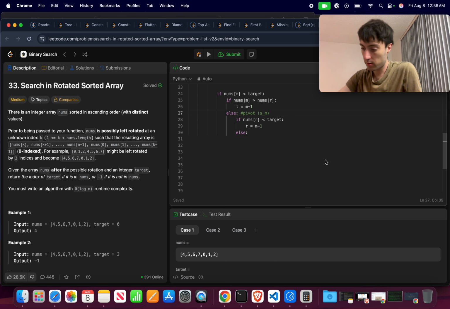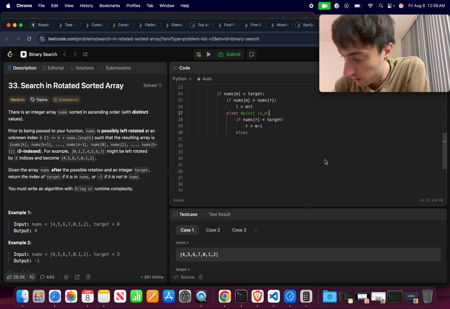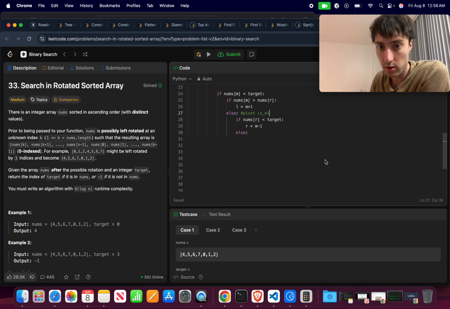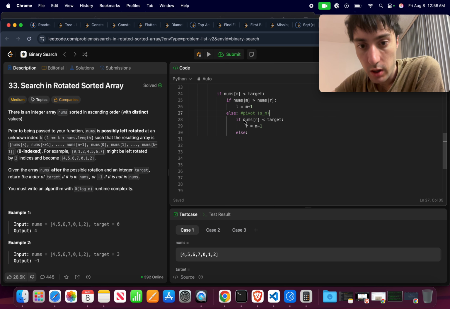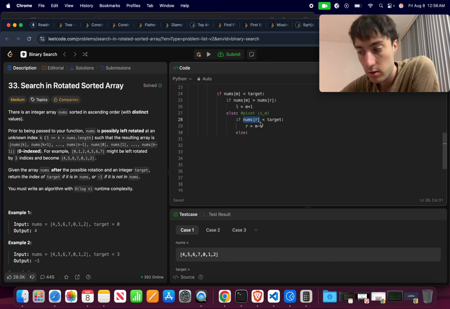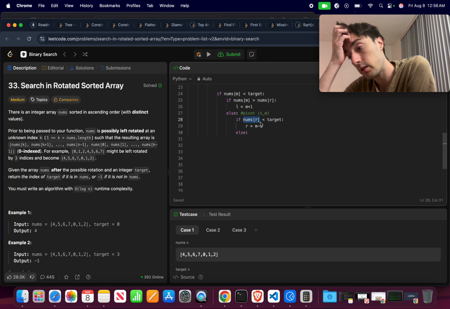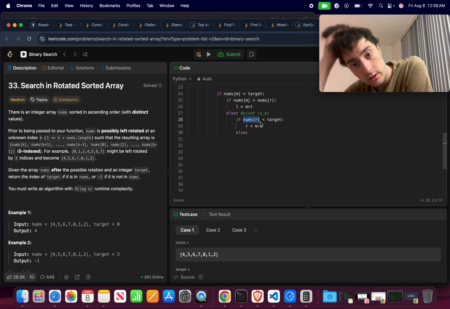So I need to check at my ending point if this value there is bigger than my target. So if the ending point is larger than my target, so I'm searching for something larger, right?